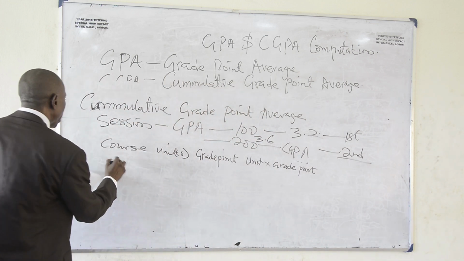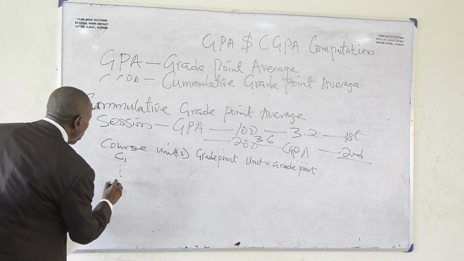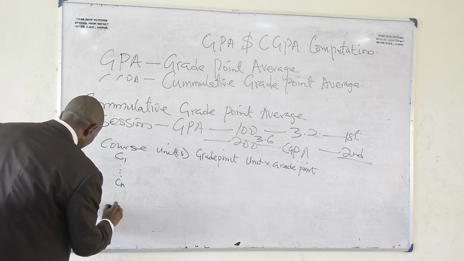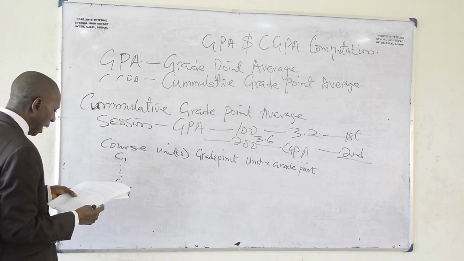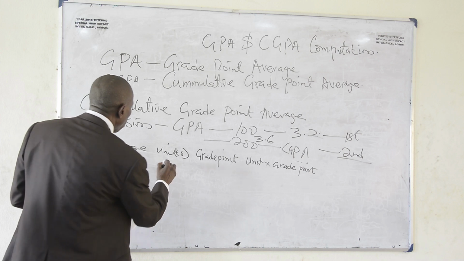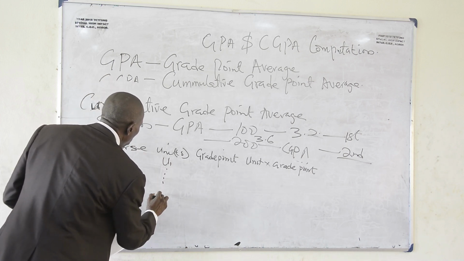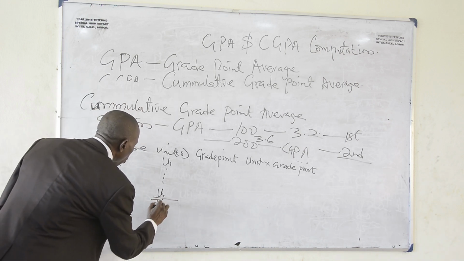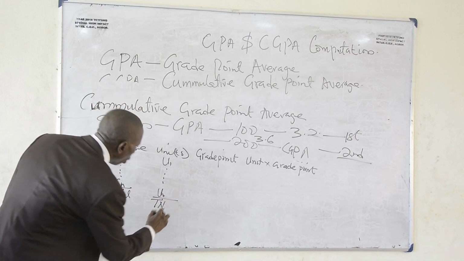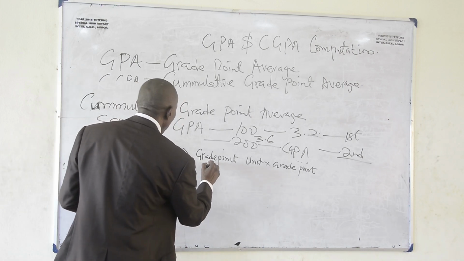So your courses will be C1 up to Cn. You have your total; they are your units, could be U1, Ui, up to Un. That gives you your total load units. And then you have your grade point, which is your GP.